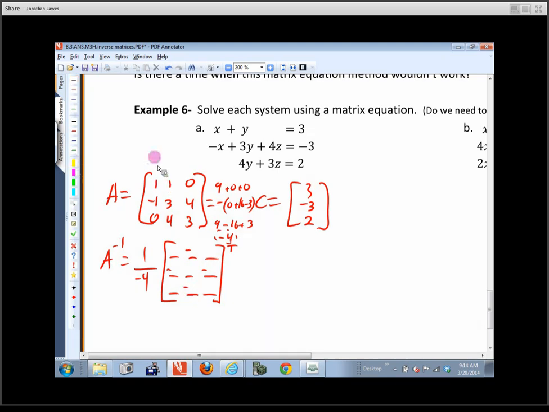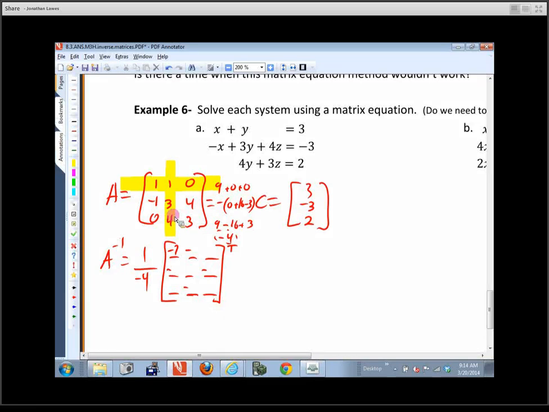So I'm going to cross out that row and that column. So we're going to have 9 minus 16, negative 7. So I've got a little bit of an advantage here being able to write on there and then just erasing it.